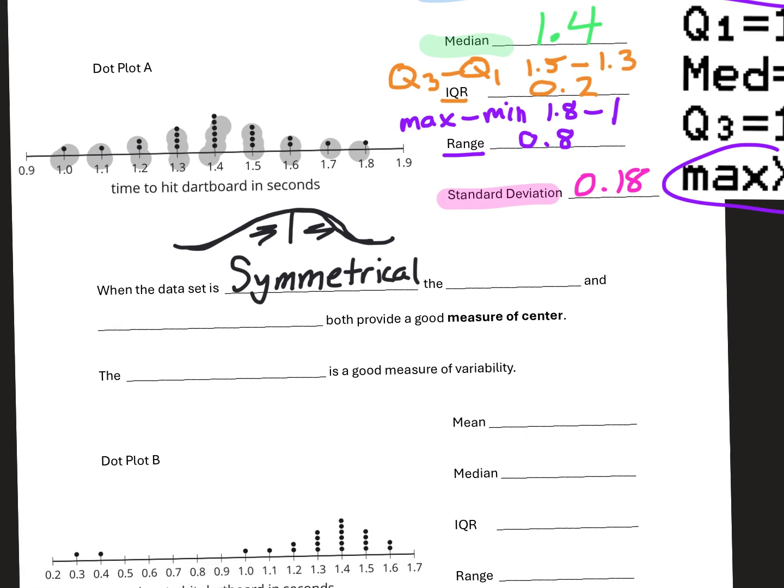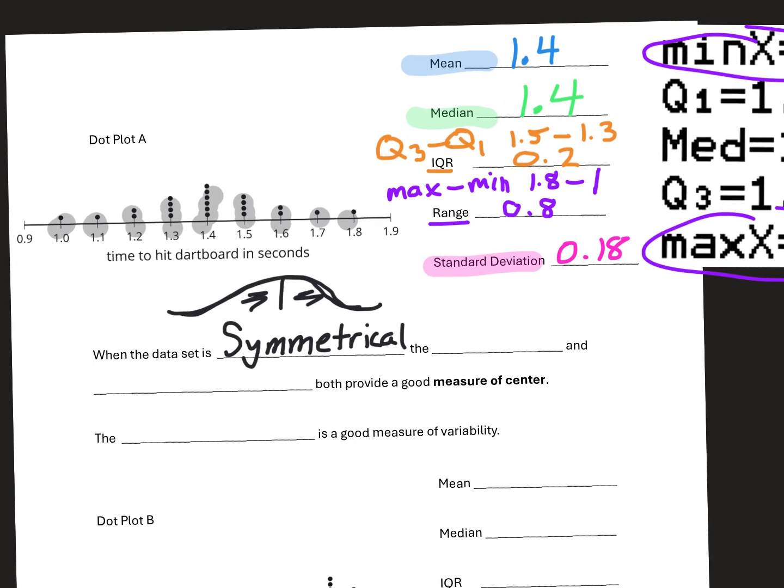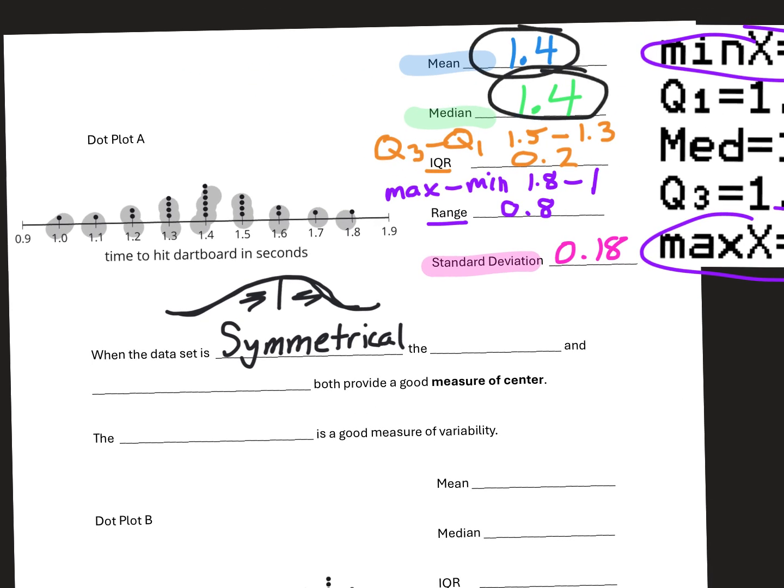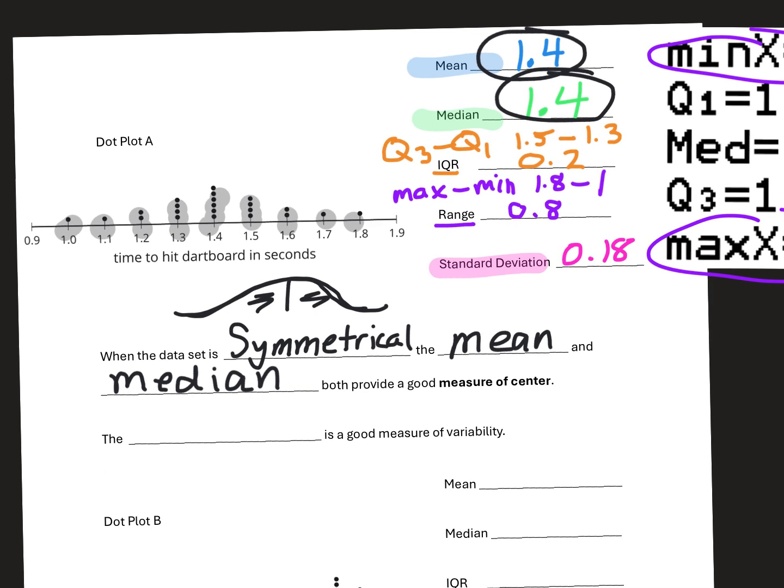So when your data set is symmetrical, as you can see here, the mean and the median are going to be pretty close to each other, if not the same. That means that both the mean and the median would provide a good measure of center. And whenever your data are symmetrical, to measure your variability, you want to use the standard deviation that we just learned about, that measures spread, in the previous learning activity.